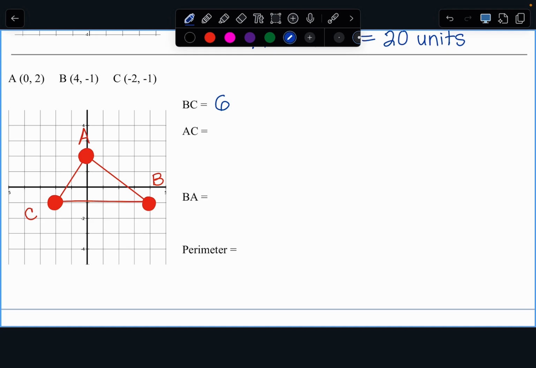A to C is a diagonal, so we need to use the distance formula. X minus X, so that is 0 minus a -2 squared, plus Y minus Y, which is 2 minus -1 squared.